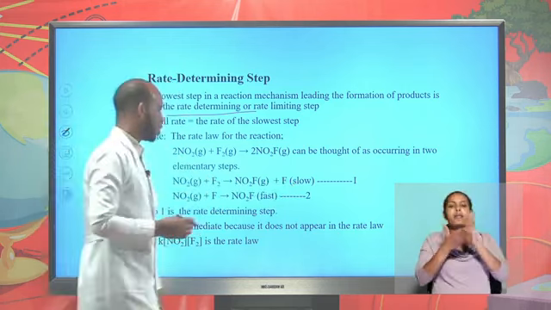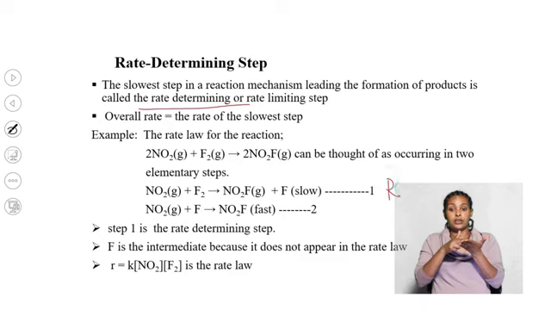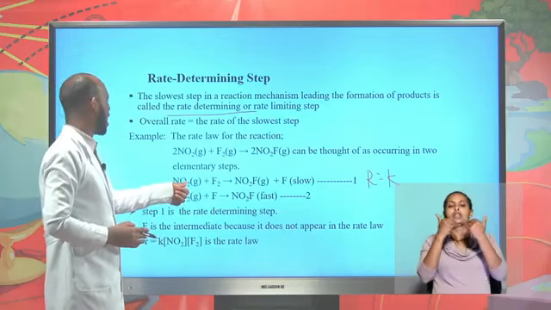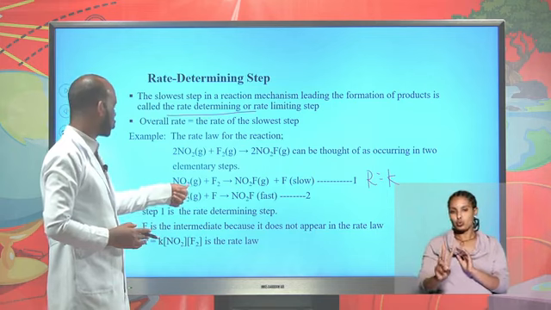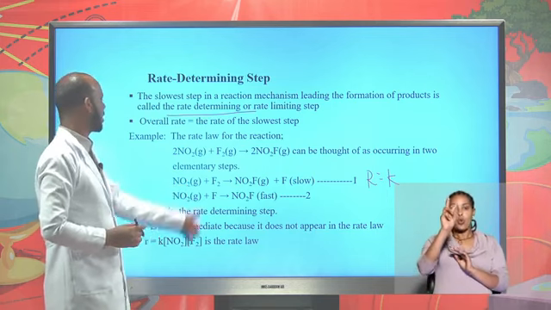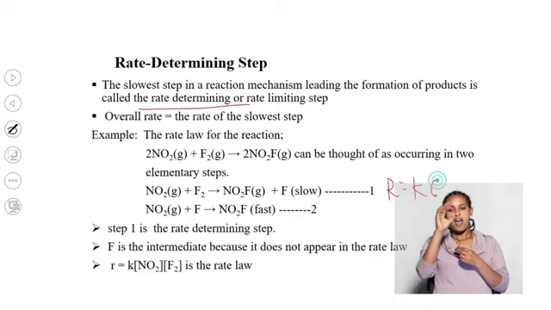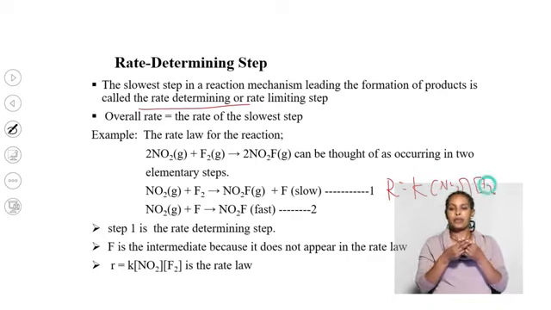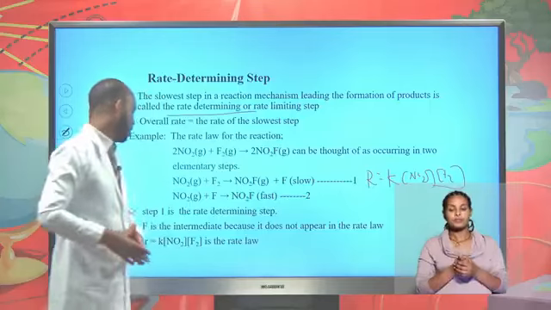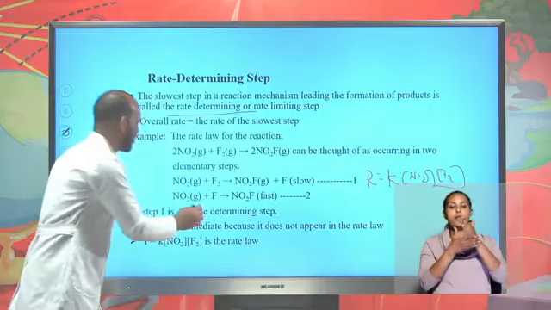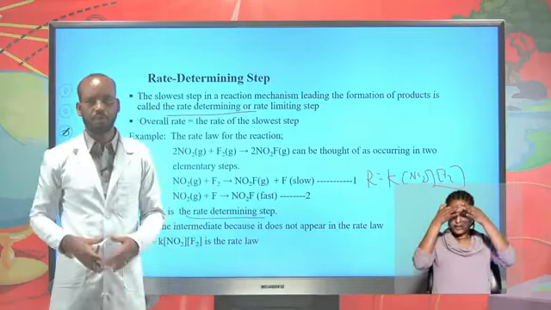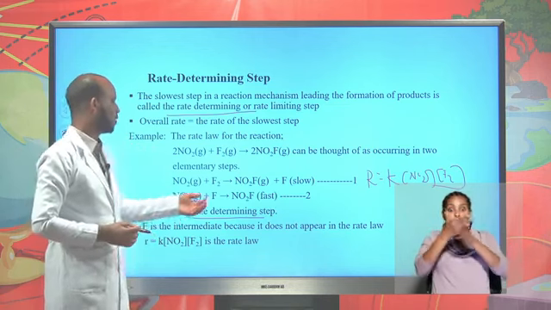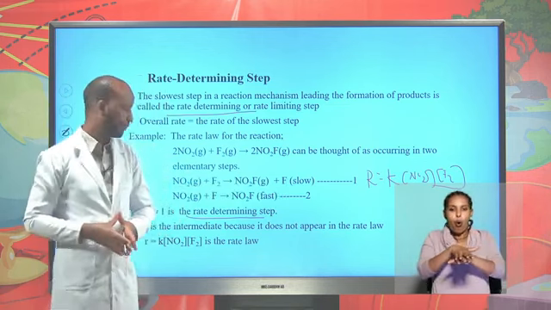Therefore, the rate of this reaction equals k times the concentration of NO2 times the concentration of F2. Step 1 is the rate determining step, because step 1 is the slow step.